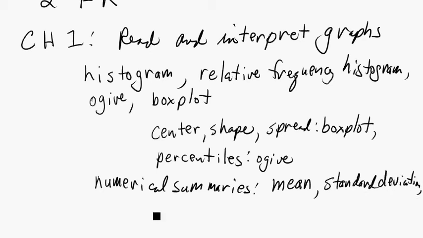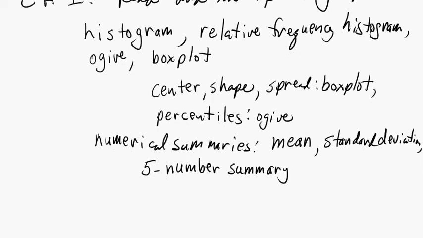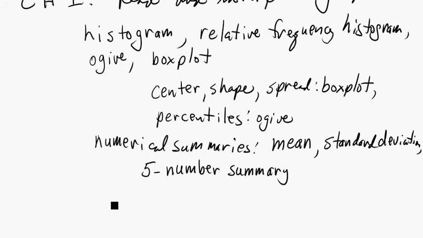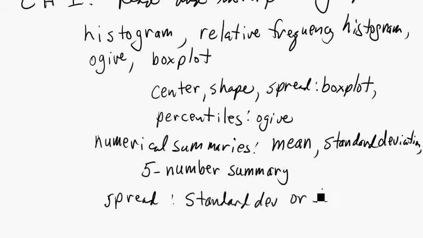You need to be able to find your way through a 5-number summary. You need to know that if you're describing spread, you should be looking at the standard deviation or the IQR.